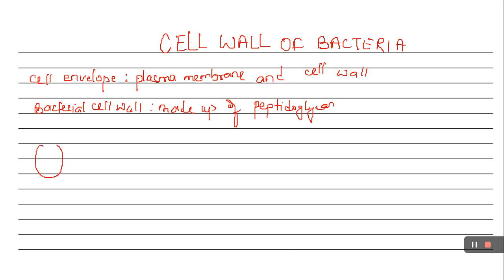So if this is a cell membrane, outside the cell membrane is the layer of the cell wall. This is the cell wall in a bacterial cell, and it is made up of peptidoglycan.